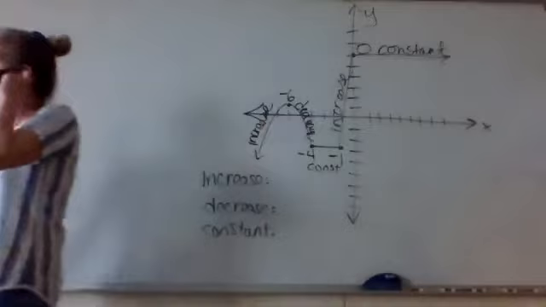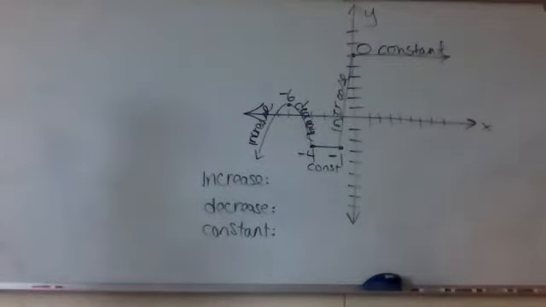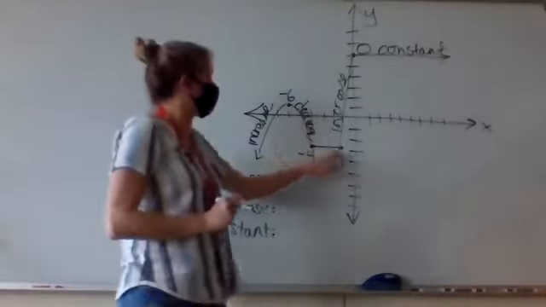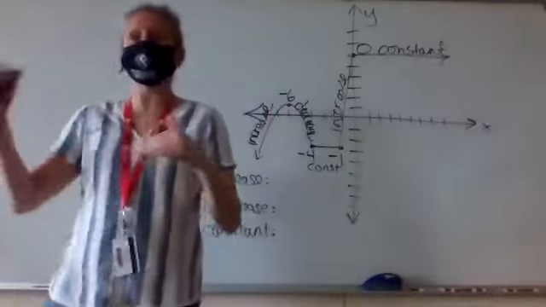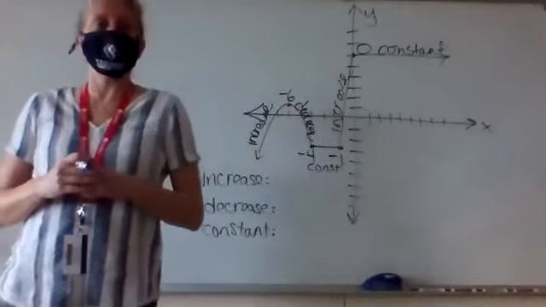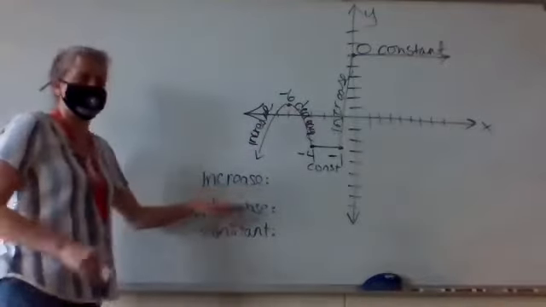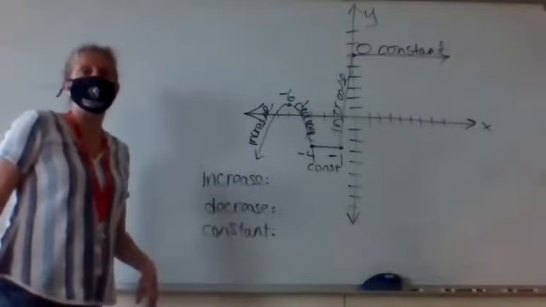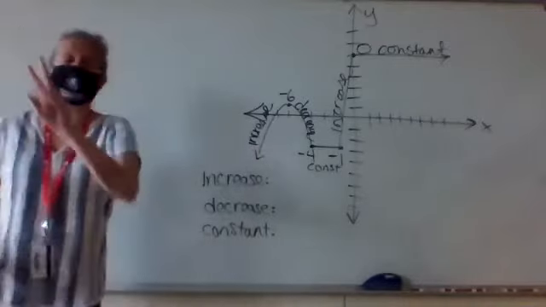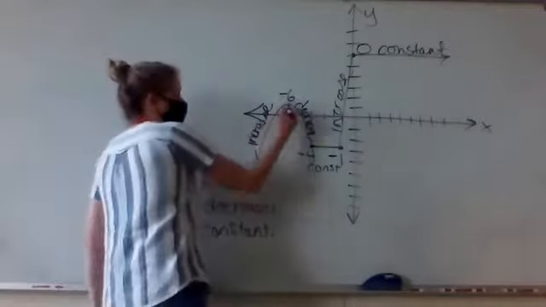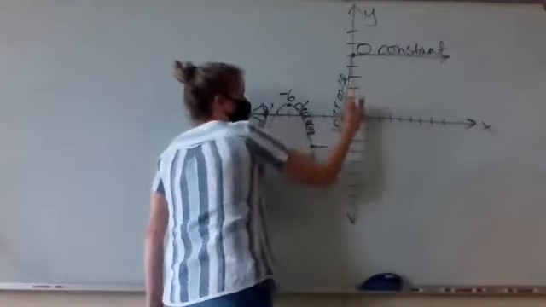So now, by just labeling all the points with their x coordinates and then going through and labeling each section as an increase, decrease, or constant, when I'm answering the question, I just use my drawing. So let's see, there's 2 increase spots, right? Here's an increase, and here's an increase.